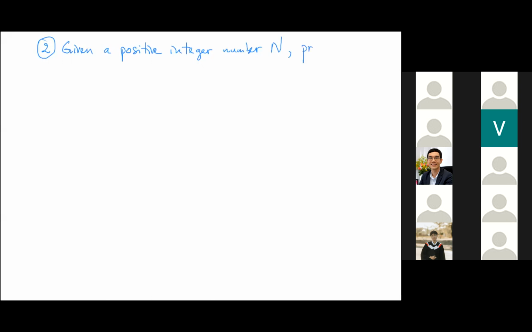Implement a program to print out the closest prime number to n. Okay. Your job is to print out the closest prime number to n.